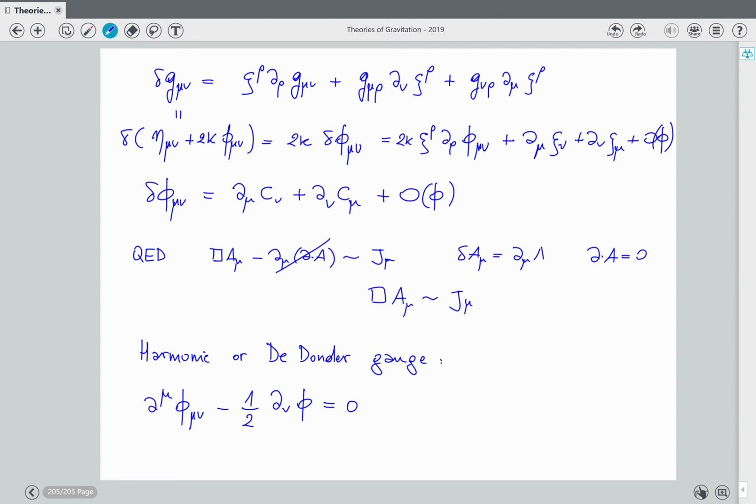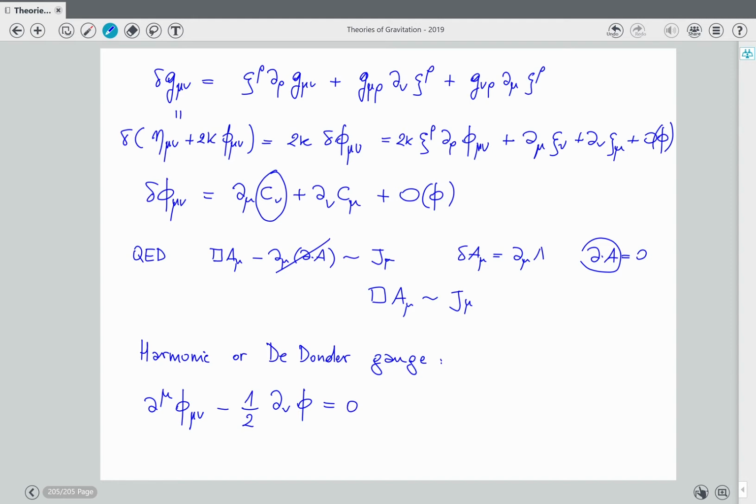But before that, why can we choose something like that? Observe that we have 4 gauge symmetries. It's not like in QED where you have one. In QED you have just one function, and so you can fix the gauge by choosing one condition on A, which has 4 components, because A mu has 4 components.